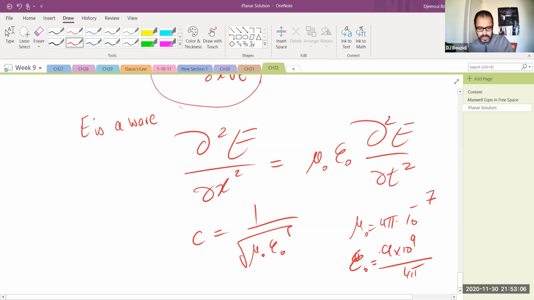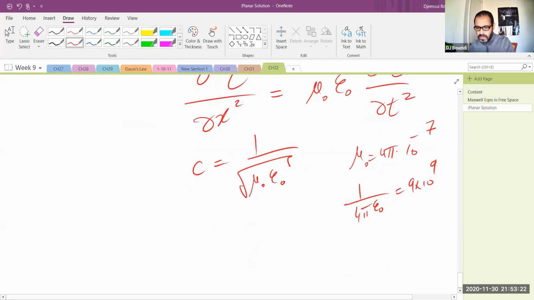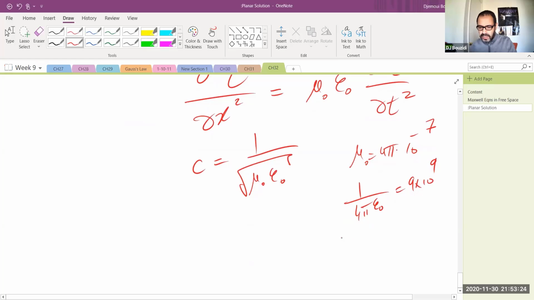No, this is wrong. Epsilon naught is not like that. Let me remind you of what we were doing. So 1 over 4 pi epsilon naught is equal to 9 times 10 to the power 9. In other words, epsilon naught is 1 over 4 pi times 9 times 10 to the power 9. Did I do it right? Yeah, I think that's correct.